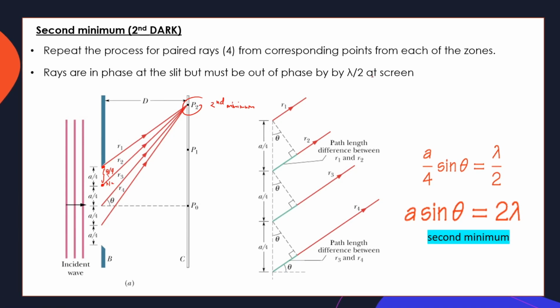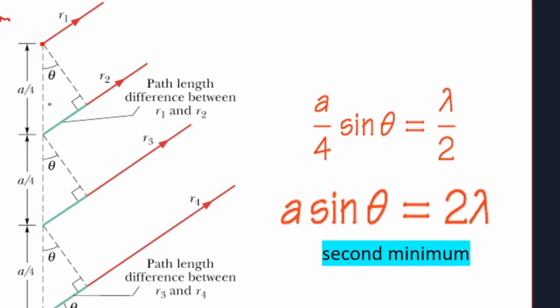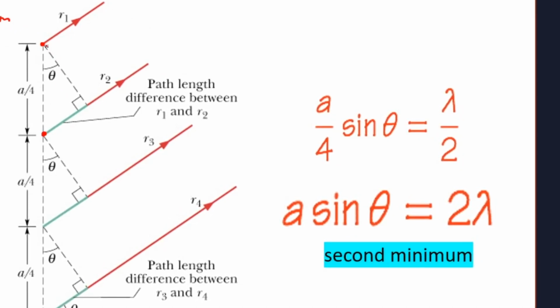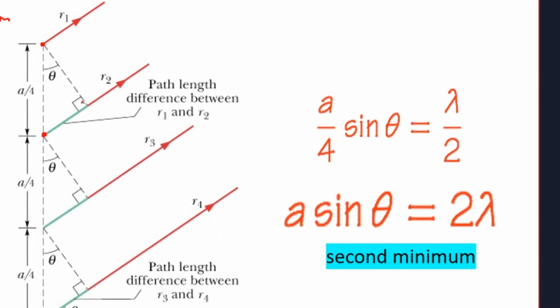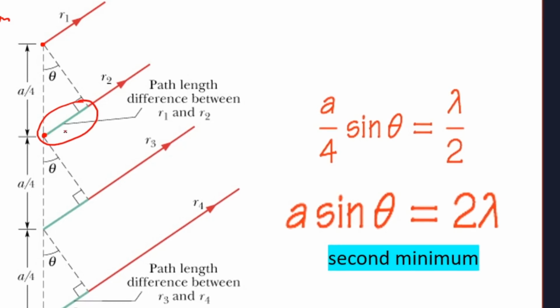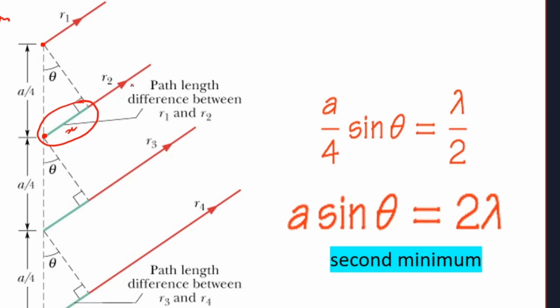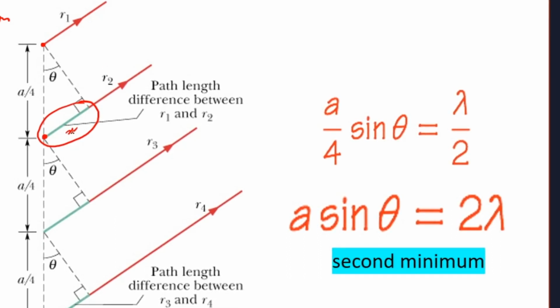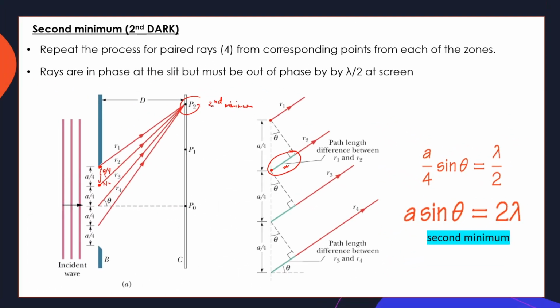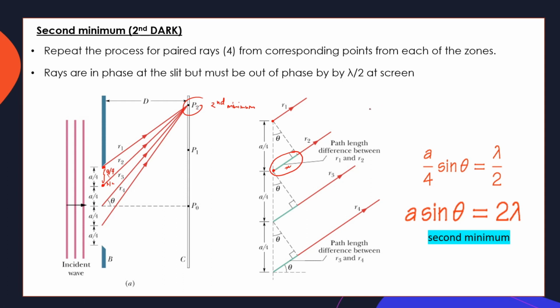So when we write the equation for the path difference between R1 and R2, this is ray 2 and this is ray 1, and the path difference between them is X. It means that R2 will travel farther compared to R1 by X. So this is the angle, and sin theta is equal to X over A over 4.